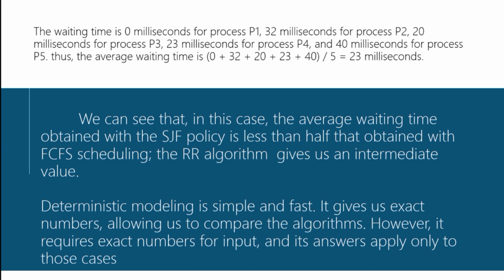But as you can see in the given example, there are times that a process is allocated next and uses another time, then is allocated again by the CPU. And that is what we call round robin scheduling. So the total average waiting time is 23 milliseconds.